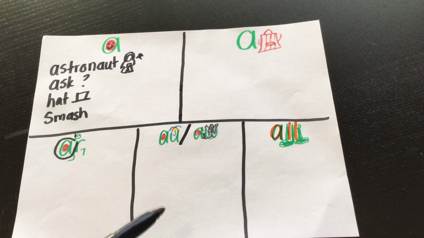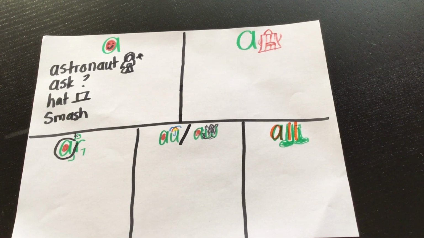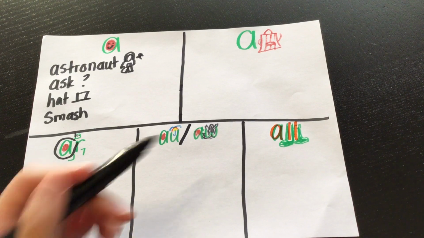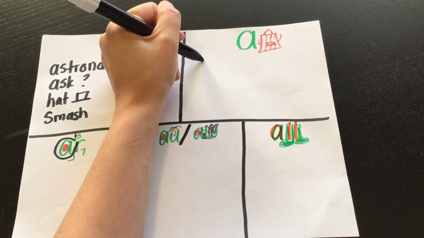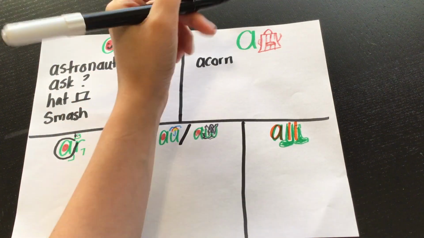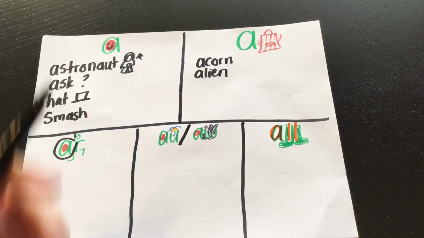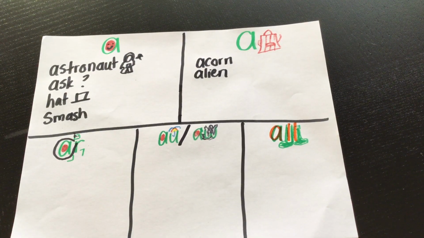Okay, then we know with the apron that this is Mr. A's sound, right? So we know that Mr. A can start words, like acorn or alien. But we also know that there are three kind of different ways.